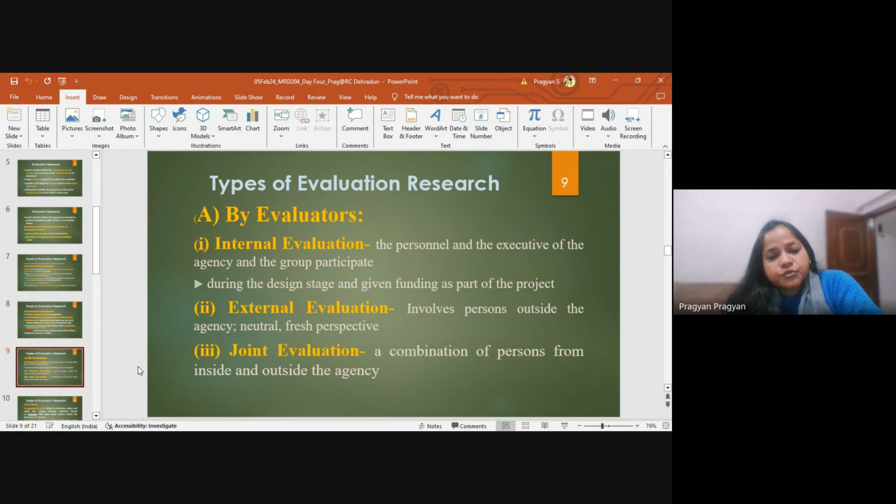Internal evaluation is giving you a profitable edge over other types of evaluation research, because you are familiar with the constraints. You will be in a better position to understand, because no research is free from constraints.